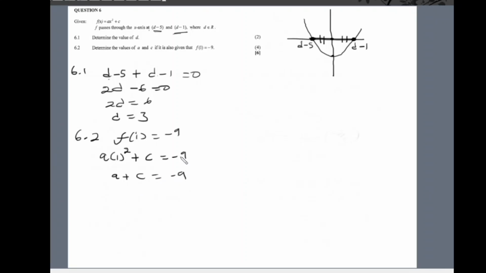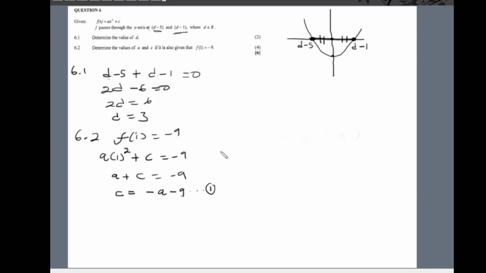From here I can say c is equal to minus a minus 9. I'm just taking a to the other side, and this will be my equation 1.